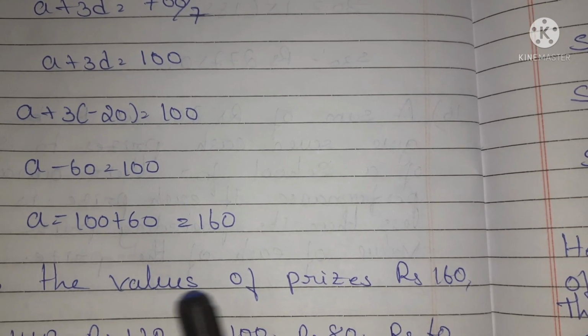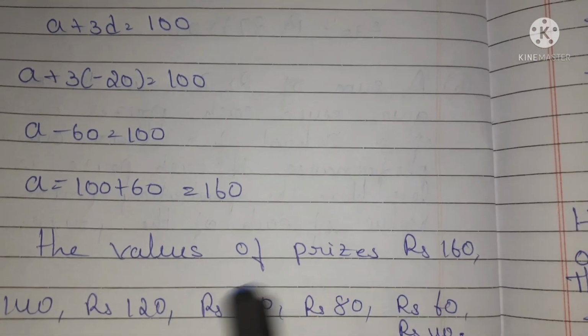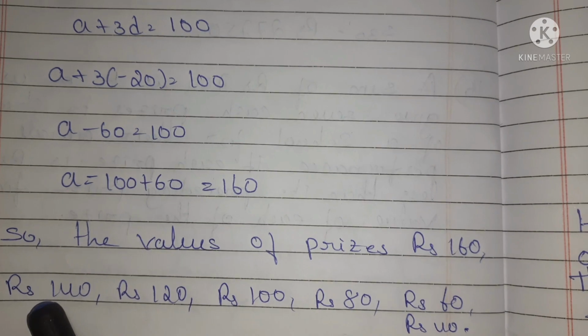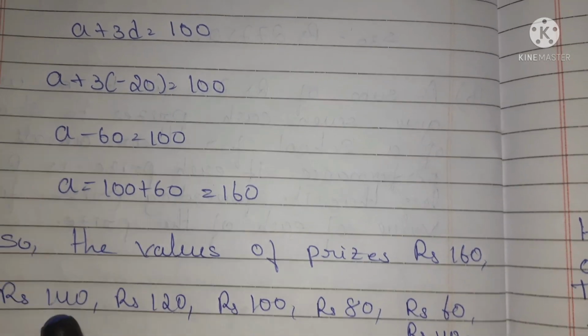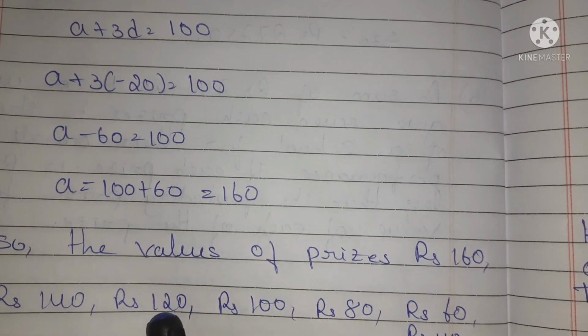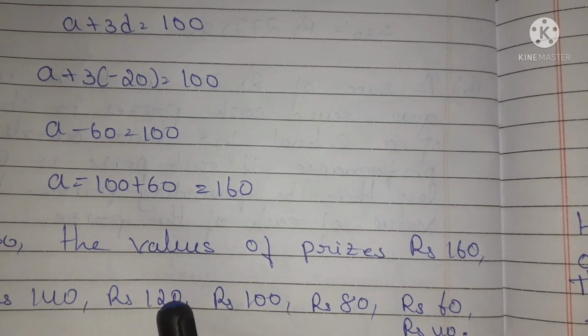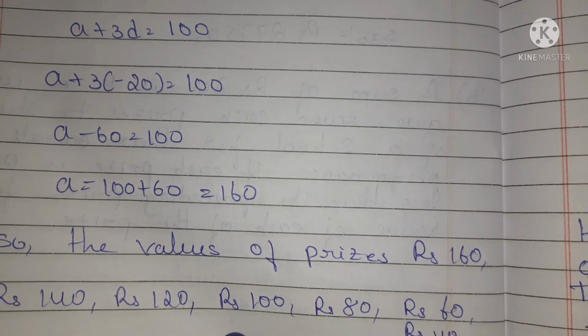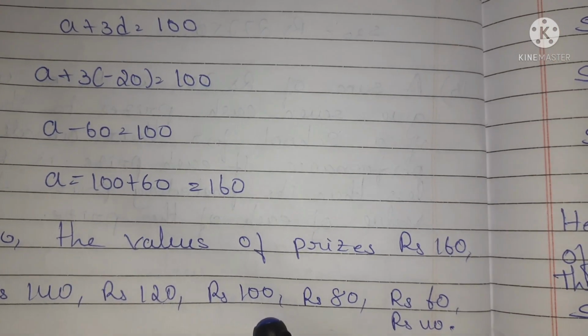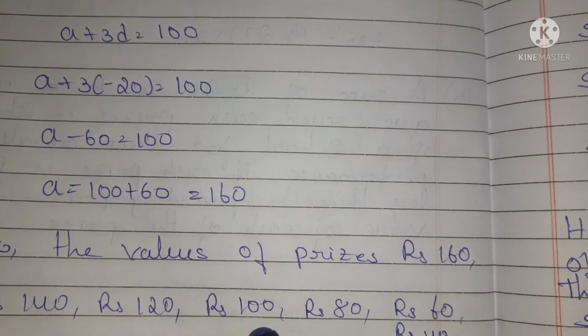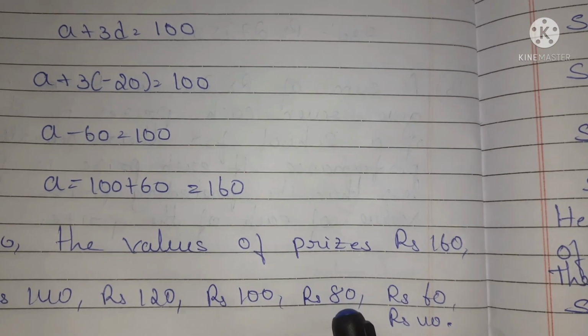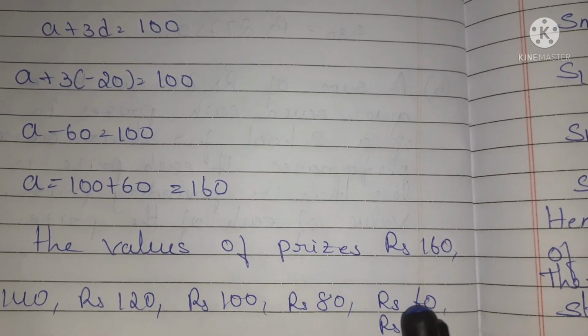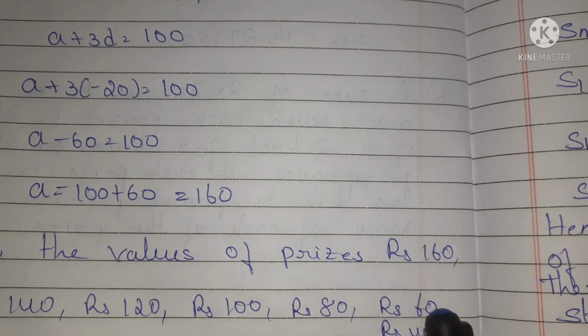See here, the value of first price is 160. Now second price is 160 minus 20, that is 140. Third price 140 minus 20, 120. Fourth price 120 minus 20, 100. Now fifth price 100 minus 20, 80. Sixth price 80 minus 20, 60.